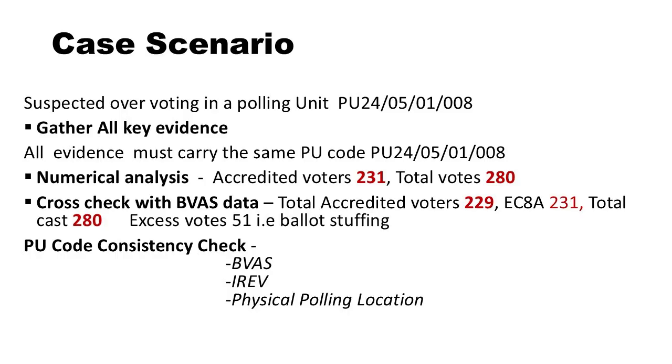Assuming there's a suspect of overvoting in a polling unit that PU 2405010008, as you have it on the screen, is assigned to. Then how do we use that polling unit code to corroborate the fact that we believe that there's election fraud in that place, or to refute that theory?